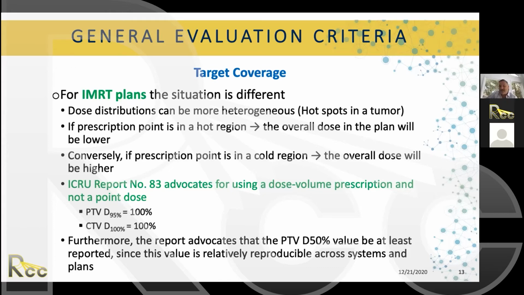I don't know if everybody does it within your institution, probably not, but if you share data or studies with others, sometimes this is a good indicator. But it's very important to keep consistent within your institution the way that you prescribe. And remember, for IMRT plans, we are not using points anymore, we're using dose volume prescriptions.